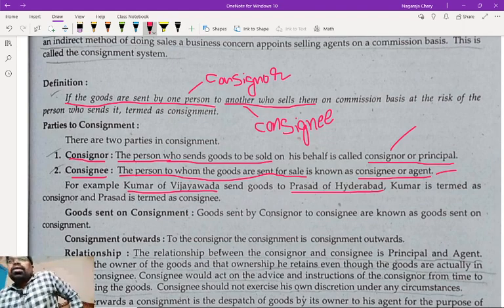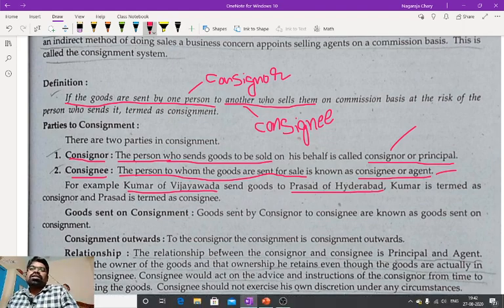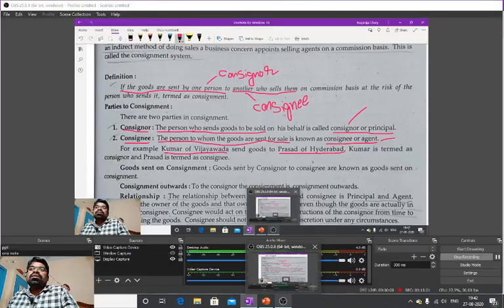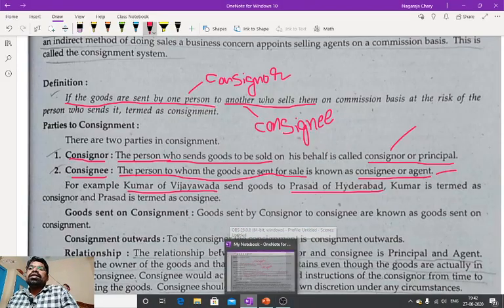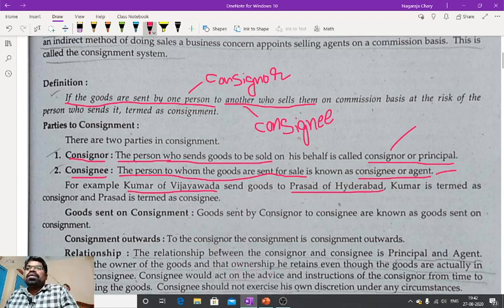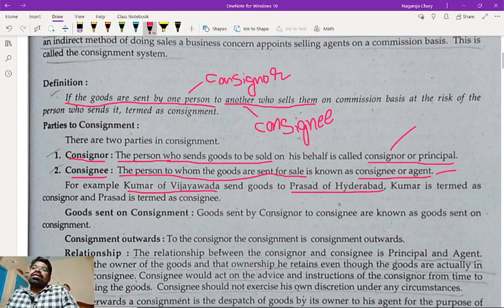Vijayawada is one place, Hyderabad is another place. The goods are transferred from one place to another, for the purpose of selling them. That is why it is known as consignment.